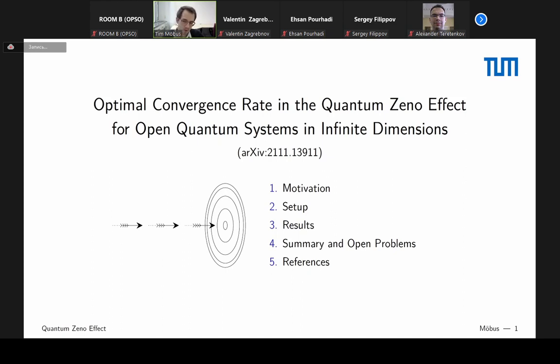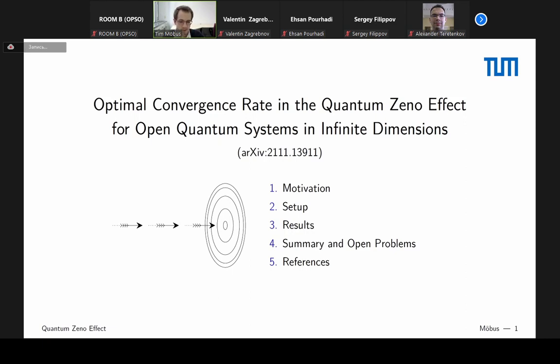Zeno was a Greek philosopher, and it was a paradox because if you observe the arrow in each moment, then there's no velocity. So he implies that the arrow cannot fly, which is a paradox at the end.